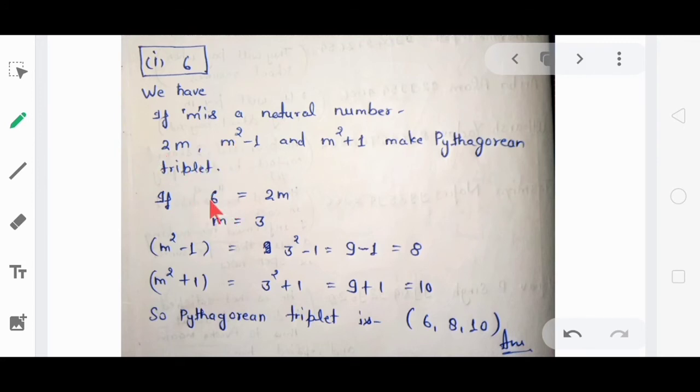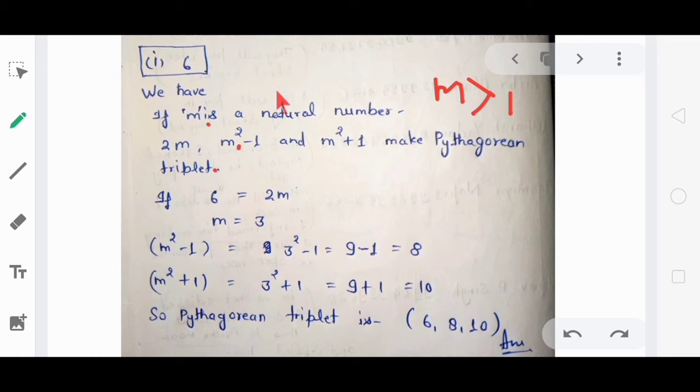Students, we know that if m is a natural number greater than 1, in that condition 2m, m square minus 1 and m square plus 1 make a Pythagorean triplet. As we know, this 6 is a number from this triplet, so we can write 2m is equal to 6 because 2m is a number from the triplet.